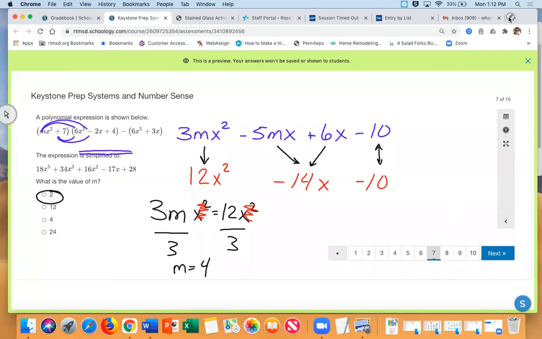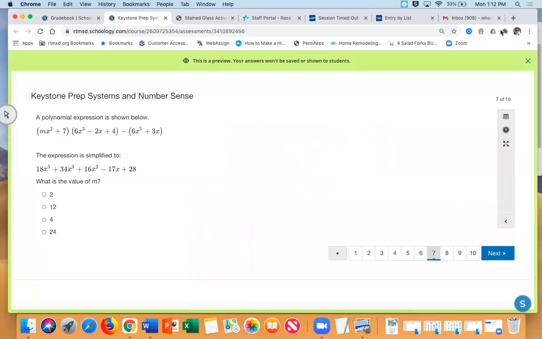All right. Now, when I'm doing this problem, it's done the same way. But here's the thing. I don't need to do the whole thing. Well watch. When I start to FOIL it, I have mx squared times 6x cubed. That gives me 6mx to the 5th.